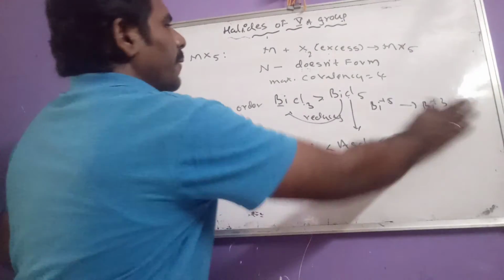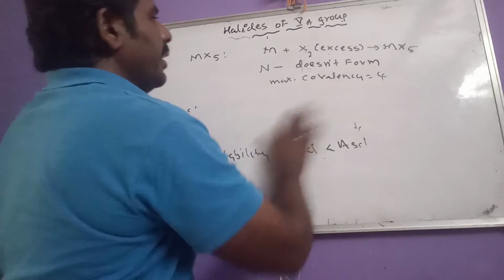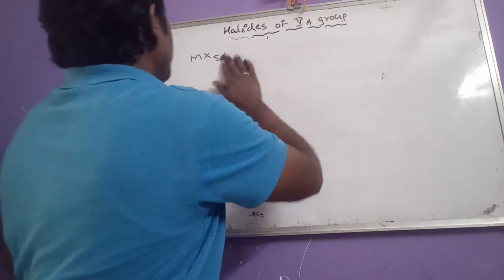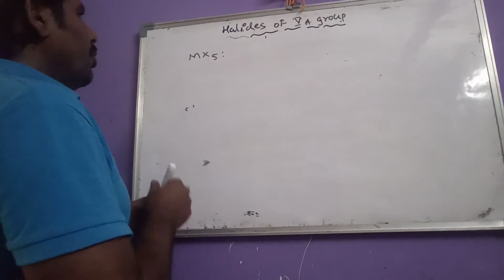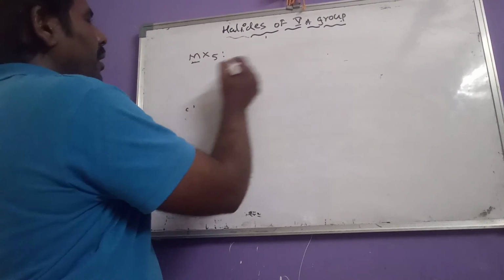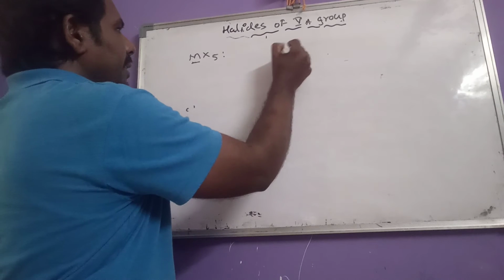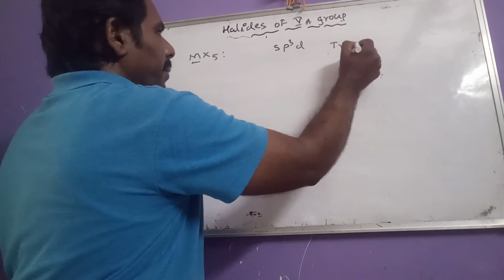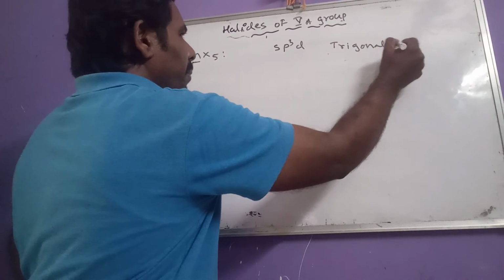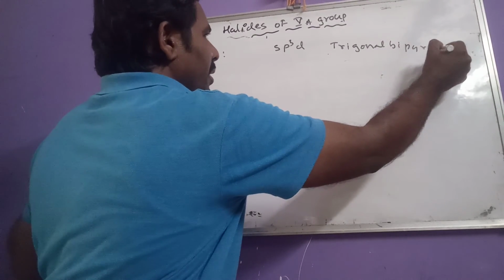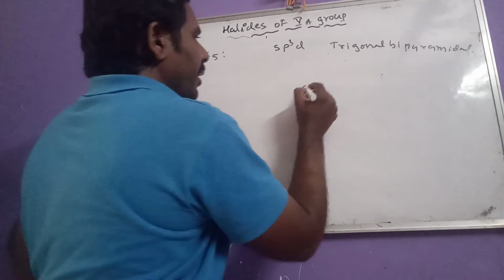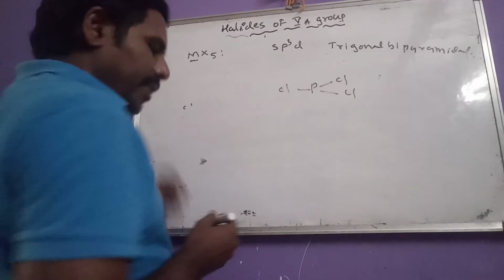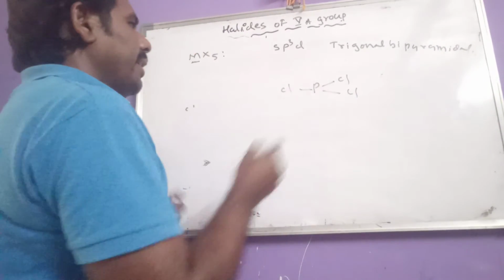Okay, then after this let us see the hybridization and structure of pentahalides. The hybridization of the central atom is sp3d, and the structure is trigonal bipyramidal. Pentahalides have a trigonal bipyramidal structure. Let us consider PCl5 as an example.